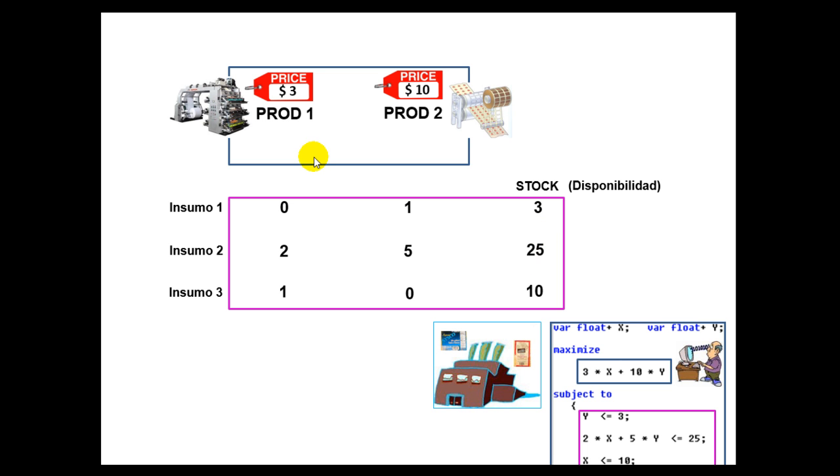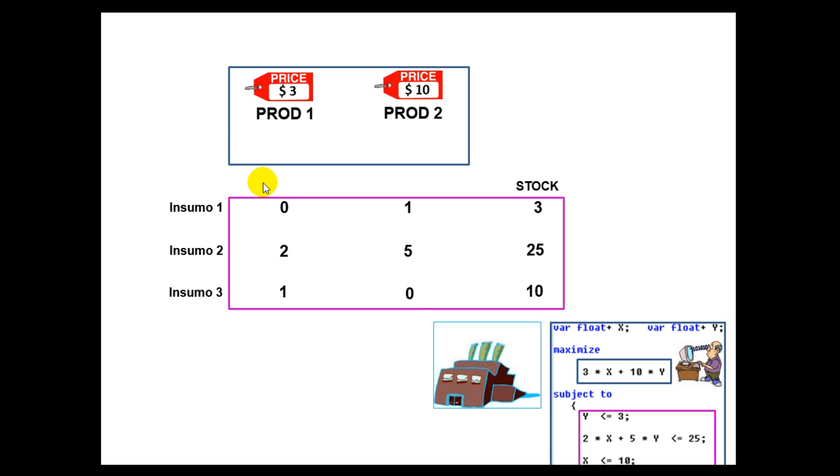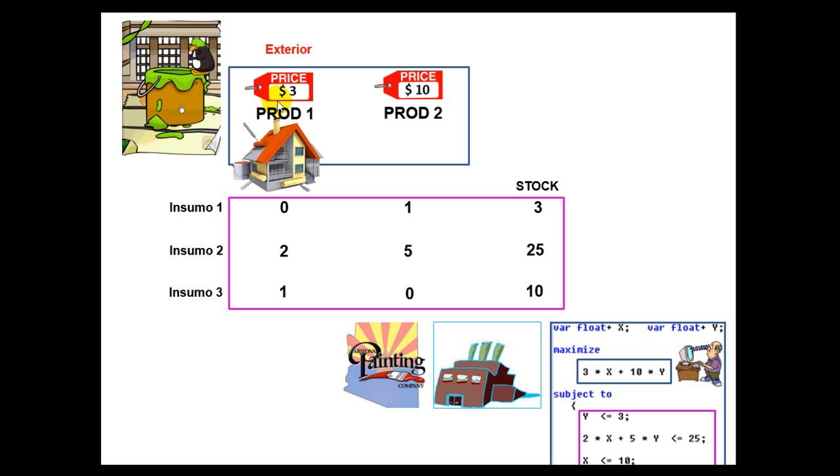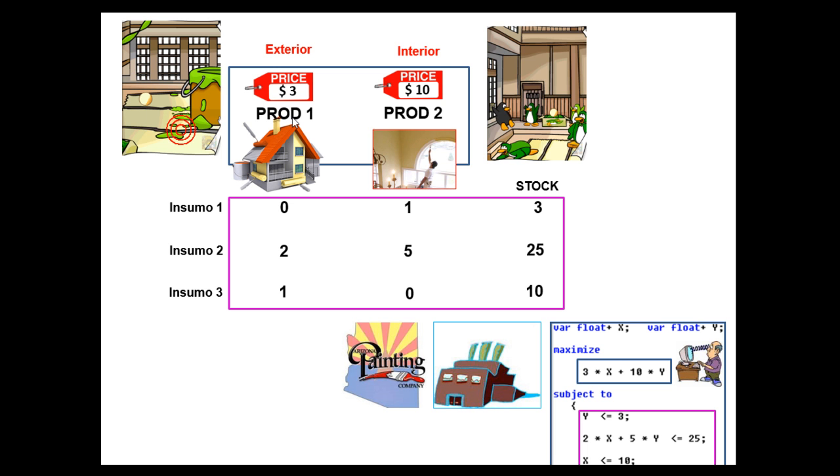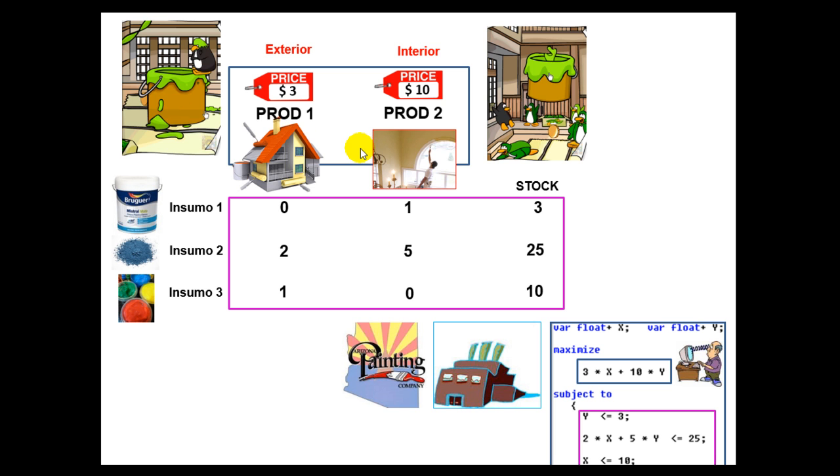And in the example that we have seen before, you have printers and cutters, and these are what you use to produce this. But in another case you could have, for example, a painting company. So here one product that you sell is exterior painting for exterior parts of the house, and here is interior painting, and then this is what you need to produce the painting. These are the quantities.